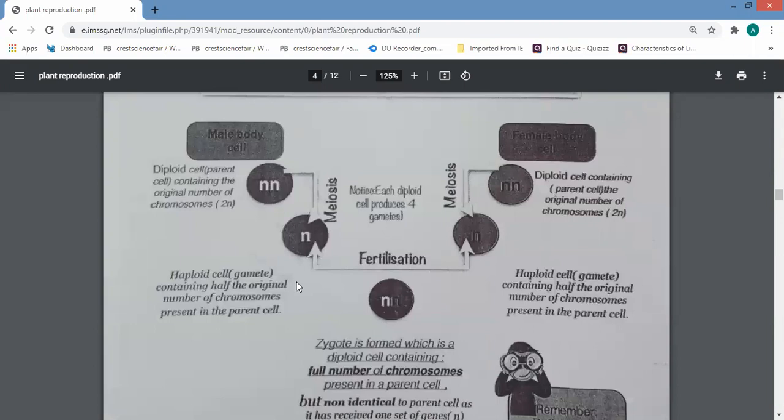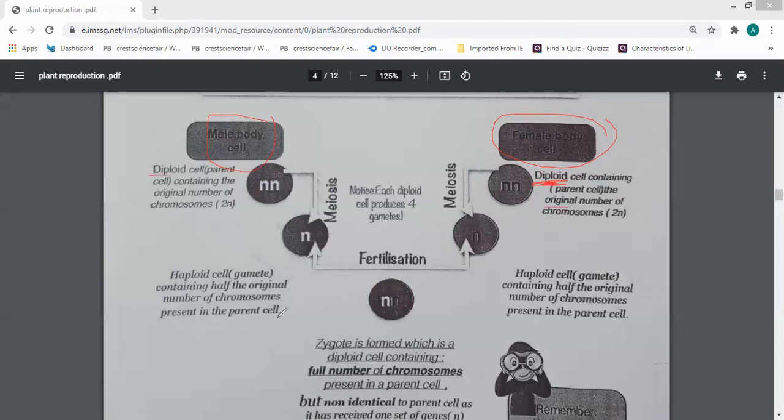This diagram explains the meiosis division. As you can see, this one is for the male body cells and this for female body cells, and the cells which have the total number of chromosomes are called diploid. So diploid means the cell contains the total or original number of chromosomes.